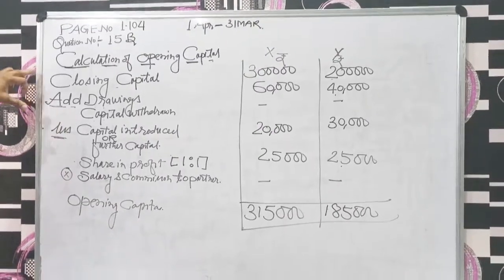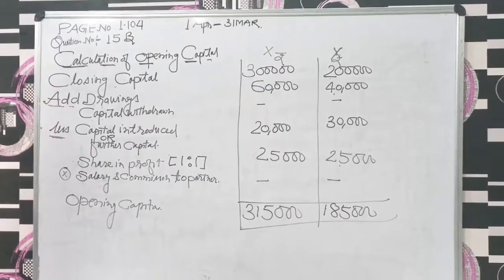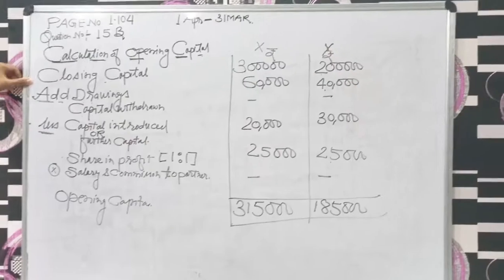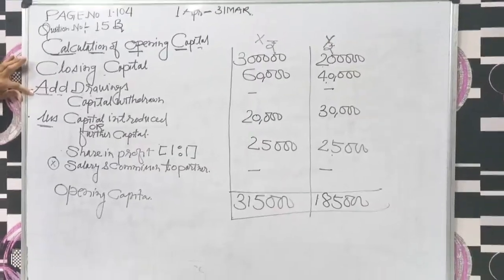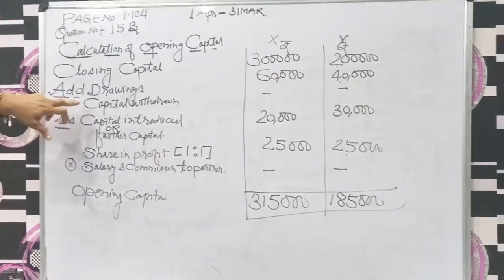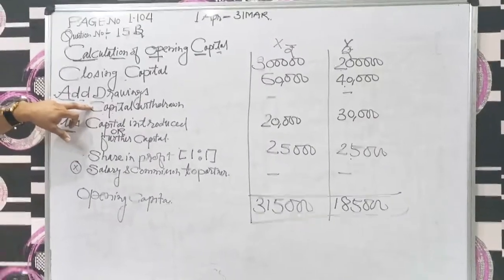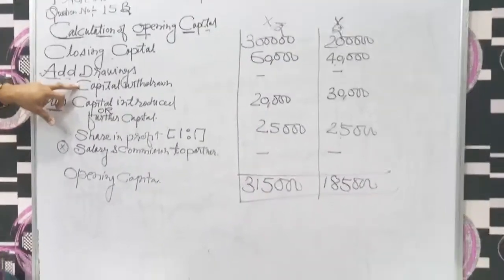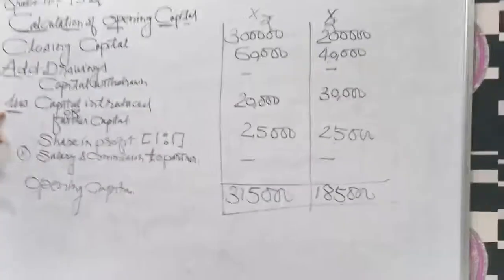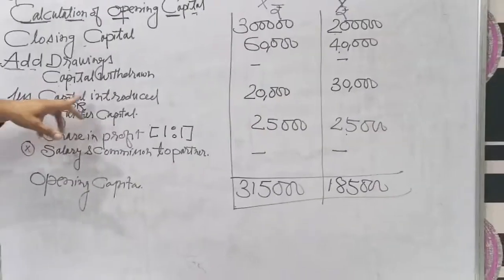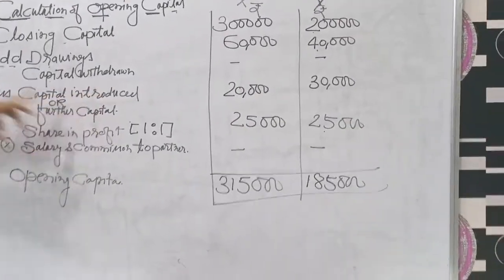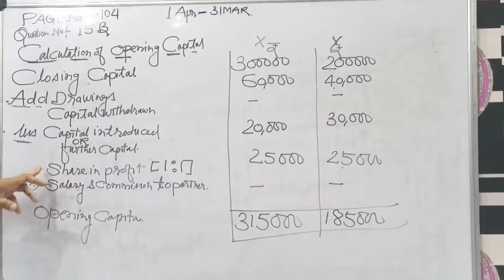For the opening capital, we follow this particular statement. First closing capital; to that closing capital we add drawings. If any partner has withdrawn capital, we add that. What do we have to deduct? Capital introduced or further capital, and share of profit.